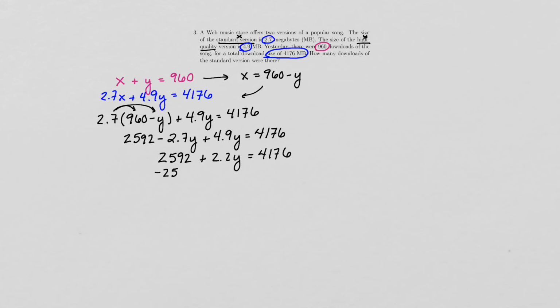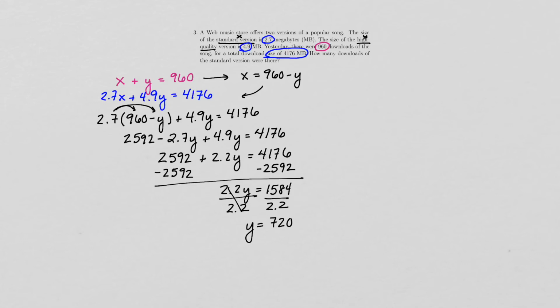If I subtract 2,592 from both sides, we end up with 2.2y equals 4,176 minus 2,592, which gives us 1,584. If we divide both sides by 2.2, y is going to be 720. So there's 720 downloads of the high quality version, but we have to look at what they're asking.